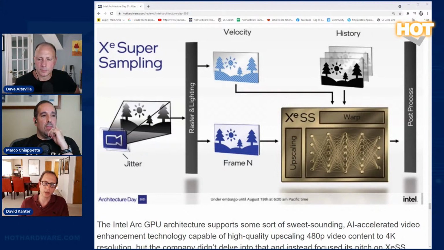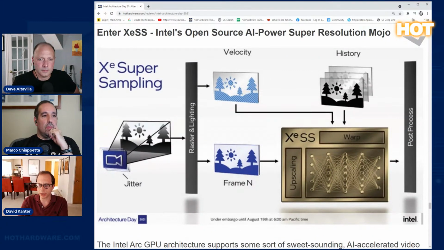The first generation DLSS was, first of all, done by friends of mine, so it was a big step forward. But it did suffer from some image quality problems in some scenarios. Second gen really cleaned it up. And so it looks to me like Intel generally landed at about the second gen capabilities.